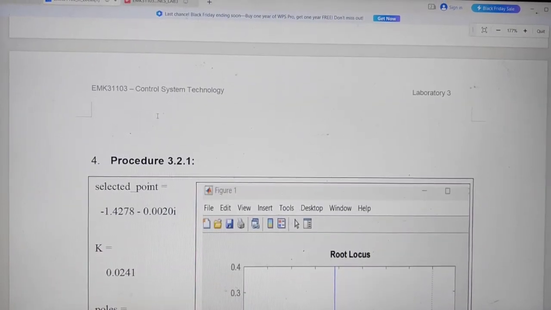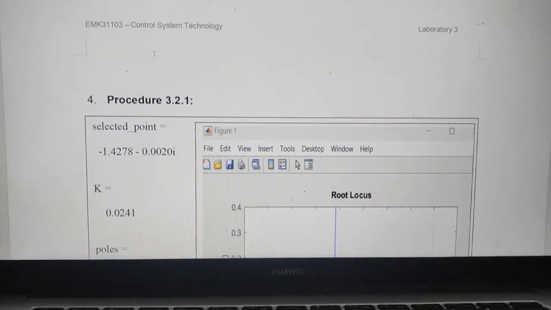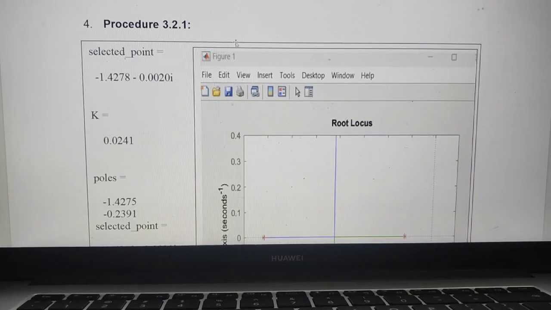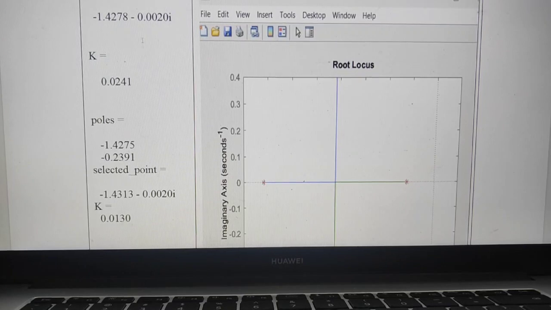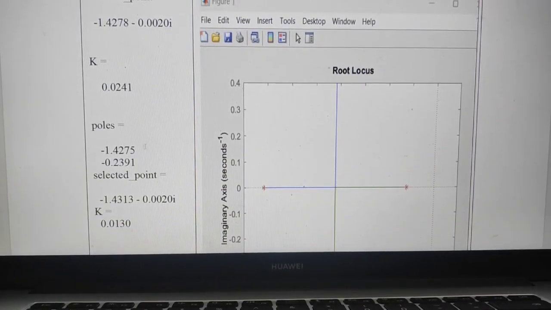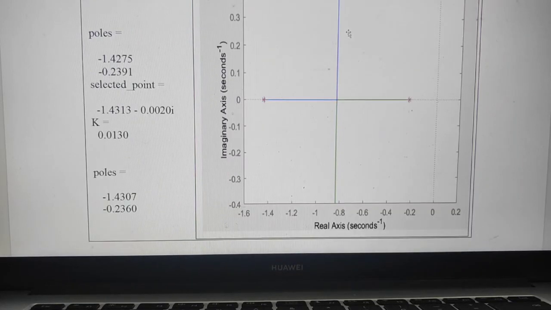Then we go to exercise 3.2.1. These are the code and the output for 3.2.1, and this is the root locus.